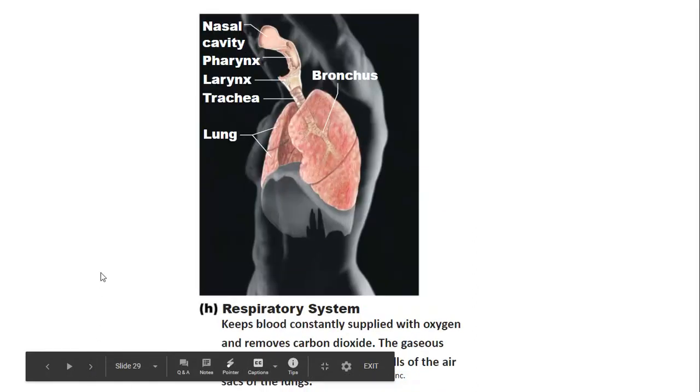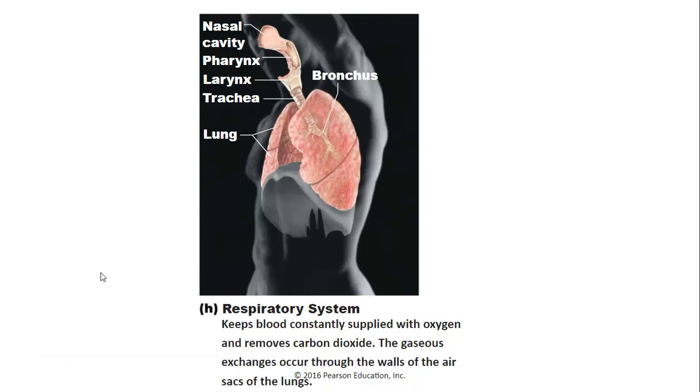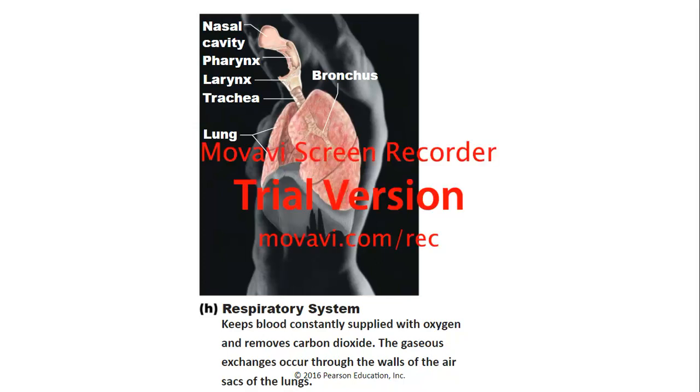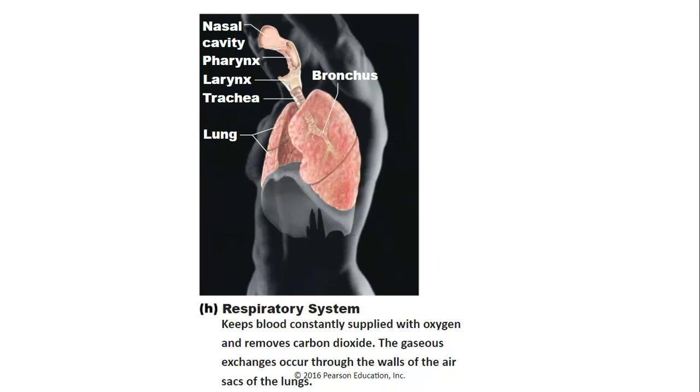Respiratory system. So again, you have to breathe in oxygen. All our cells need oxygen to survive, and our cells make up our tissues, which make up organs. So all our organs need oxygen to survive. And we use what's called cellular respiration, which we'll talk about also.